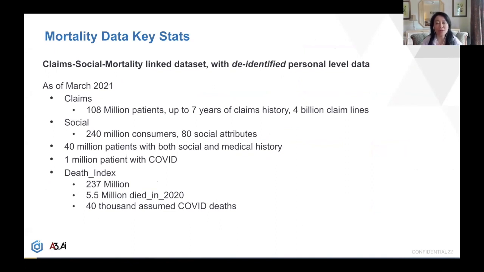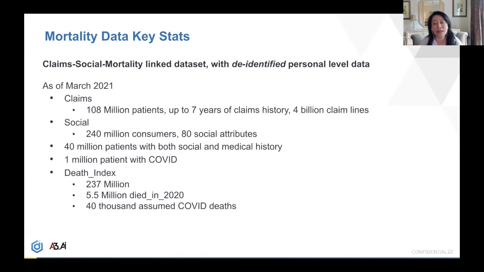So as of March 2021, there are about 108 million patients' claims data, up to 7 years of claims history, 4+ billion claim lines. And then there's another very interesting data set by another data donor. It has about 400 million consumers with 80 social attributes, things like BMI, socioeconomic status, education level, occupation.